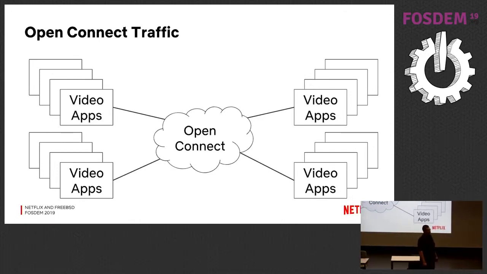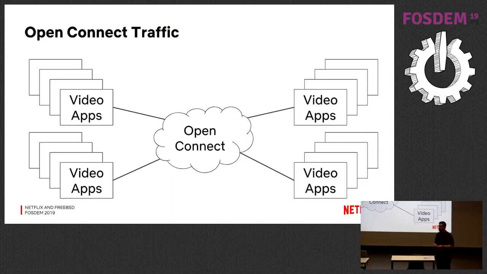And so we can build redundancies into the system such that if a single OCA, a single one of our content caches, fails, the clients can seamlessly switch over to other content caches. And that means that if we are testing new software and that new software has some sort of fatal error, our clients can seamlessly switch over to something running more stable software and continue to be served hopefully without even noticing any difference in the quality of their video.